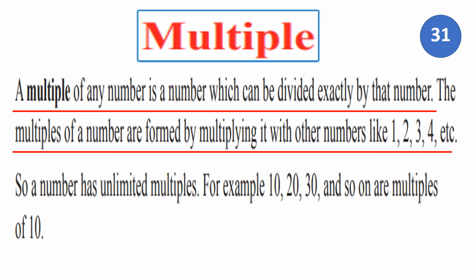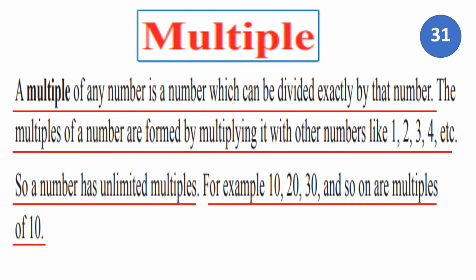The multiples of a number are formed by multiplying it with other numbers like 1, 2, 3, 4, etc. So, a number has unlimited multiples. For example, 10, 20, 30, and so on are multiples of 10.